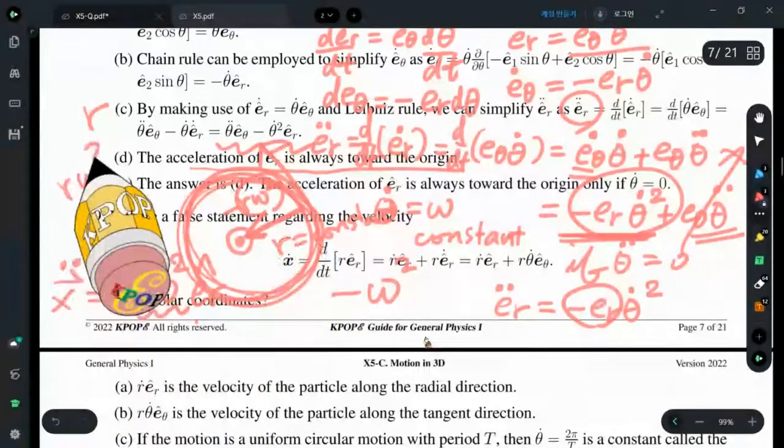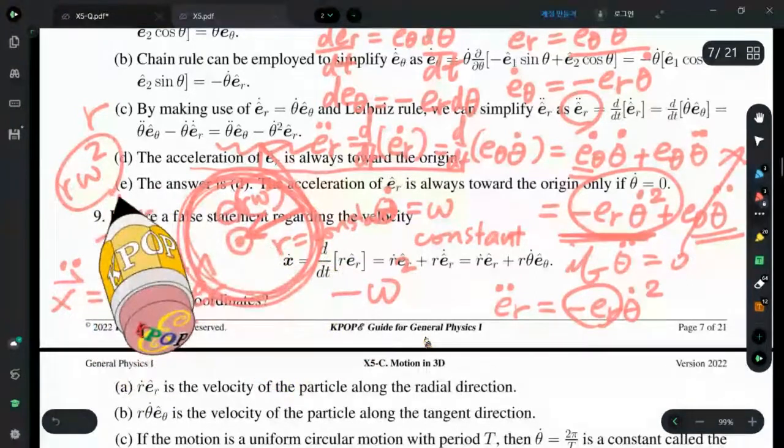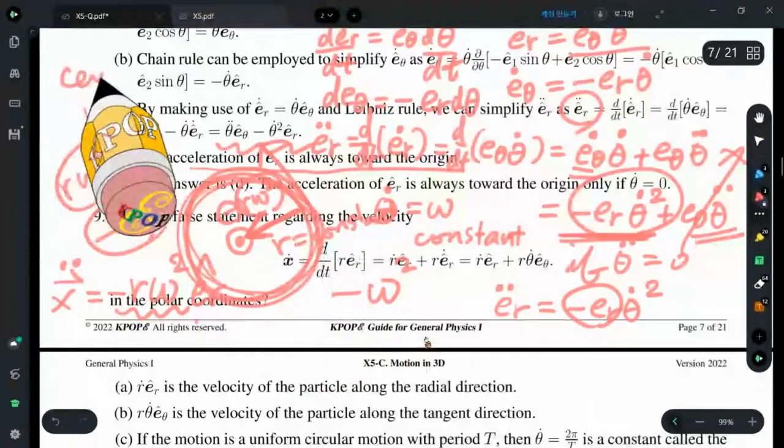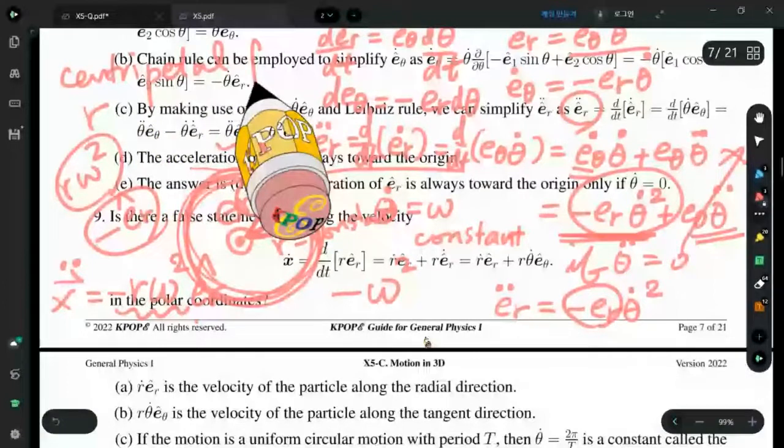Magnitude is r omega squared, and direction is minus e_r hat, toward the origin, the centripetal force.